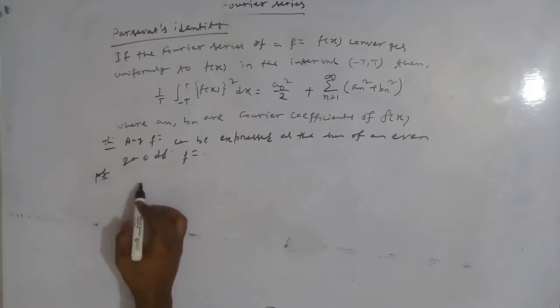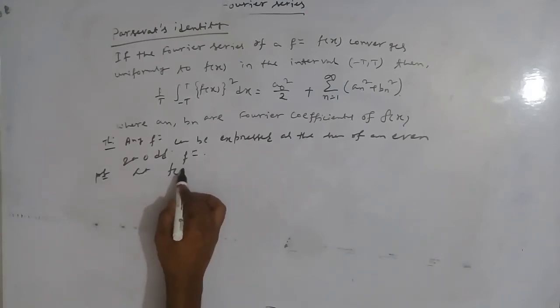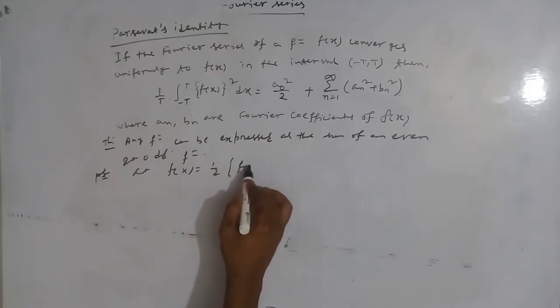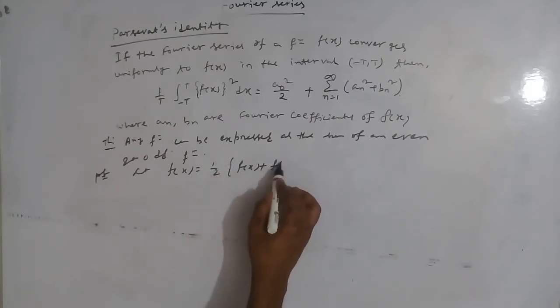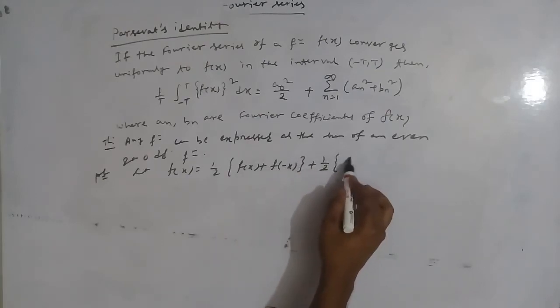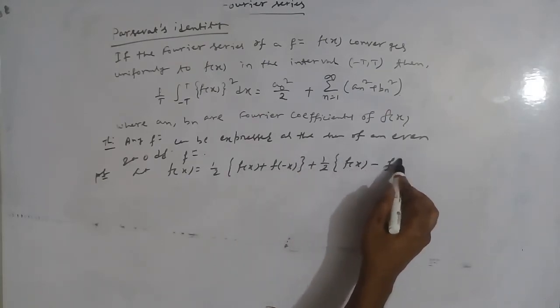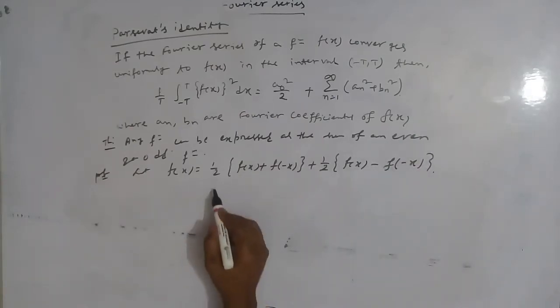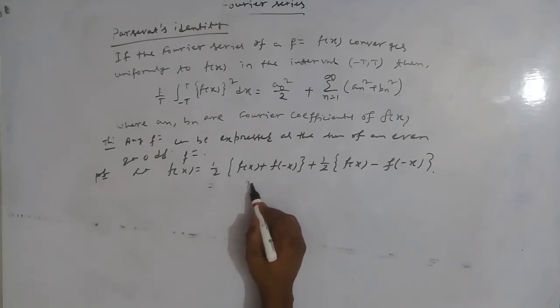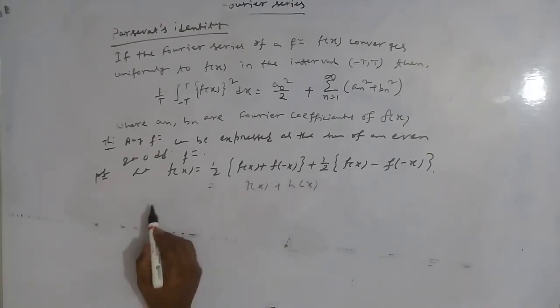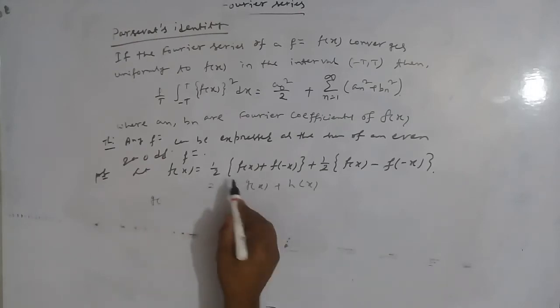Proof. Let f of x equal to half into f of x plus f of minus x plus half into f of x minus f of minus x. Okay, and let us name this as g of x and this as h of x, where g of x is this and h of x is this.